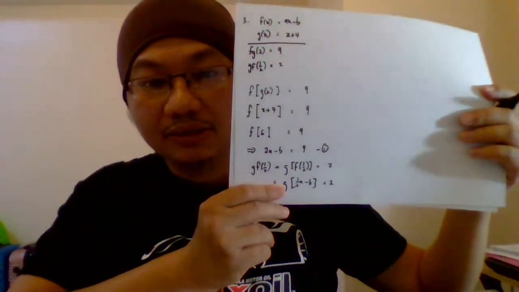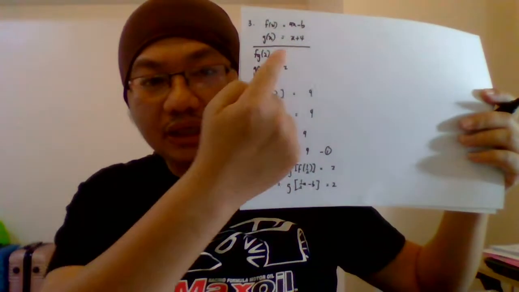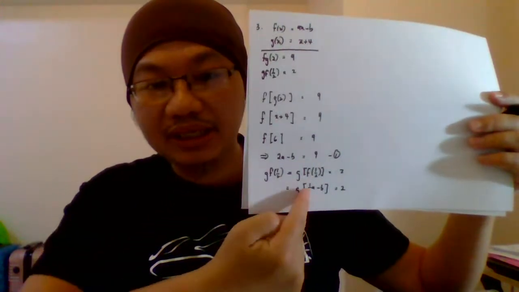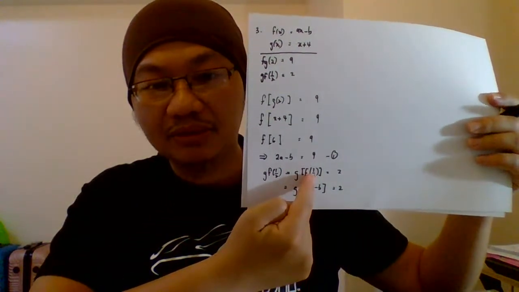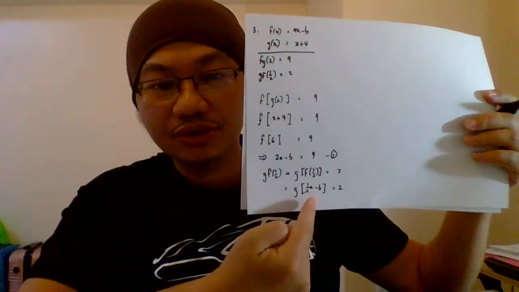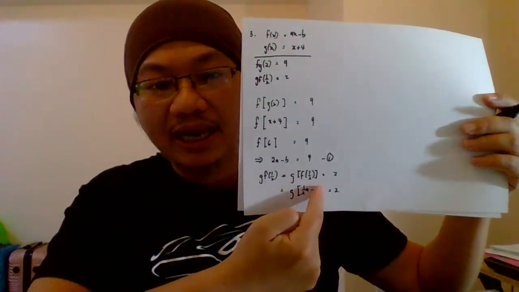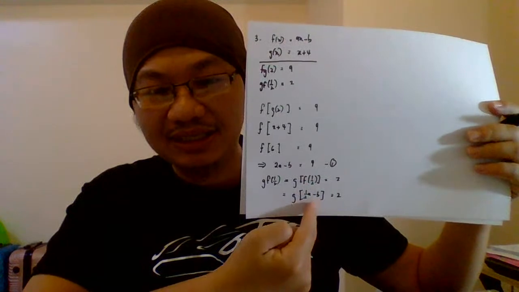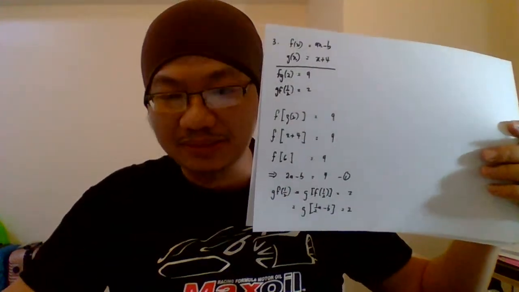So I just write down f half into the equation. I replace the x with half, so that it becomes half a minus b. Then we need to insert this whole thing inside g. That's a normal composite, right? So look at g equals x plus 4.